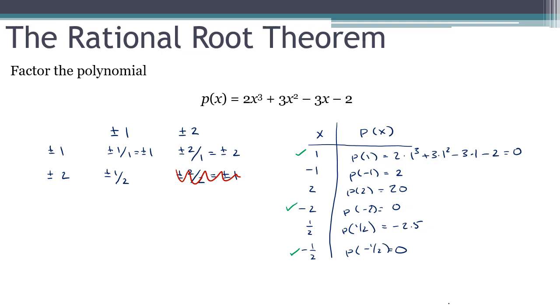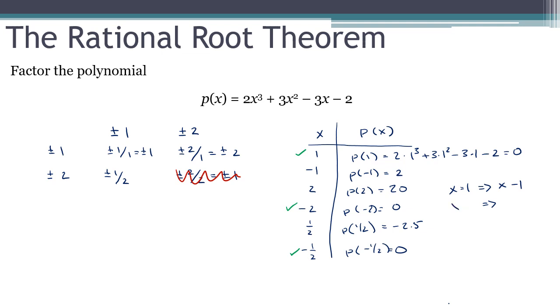Now remember how we go from roots to factors. Remember, if x equals 1 is a root, then x minus 1 is a factor. Similarly, let's do minus 2, right? Because minus 2 is our actual root.